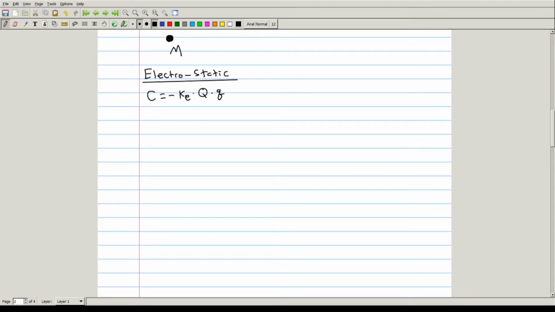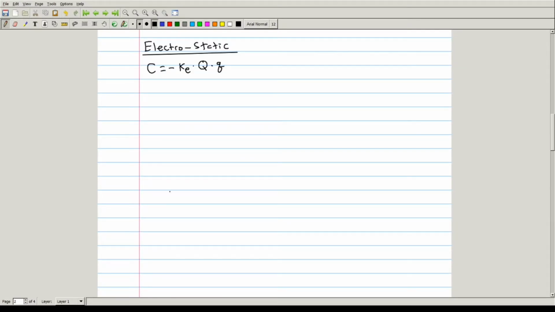And the electrostatic constant is positive. Charge 1 and charge 2 could both be either negative or positive, in which case we have different scenarios, right?